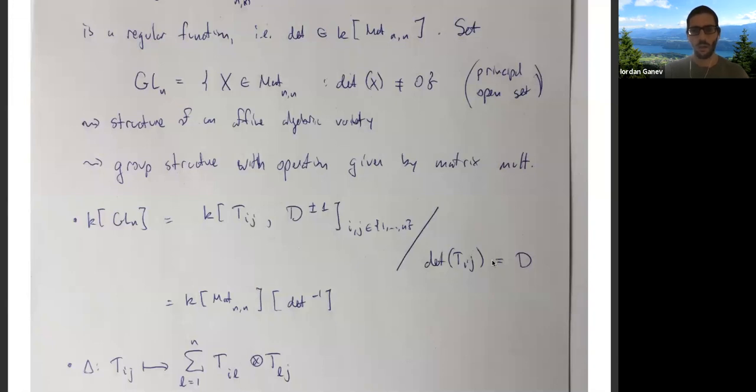And the ideal quotient is the ideal generated by the determinant of these being equal to d. So we impose this relation. The determinant, which is just some polynomial of these tij's, is equal to d. So another way to think about it is we have our functions on matrices, which is just polynomials in these tij's, and we invert this element, the determinant. As I pointed out above, the determinant belongs to the affine algebra of n by n matrices. Okay, so far so good.